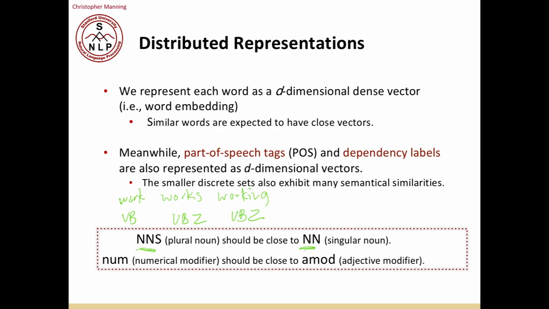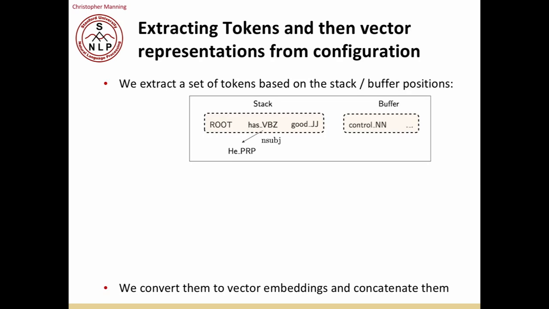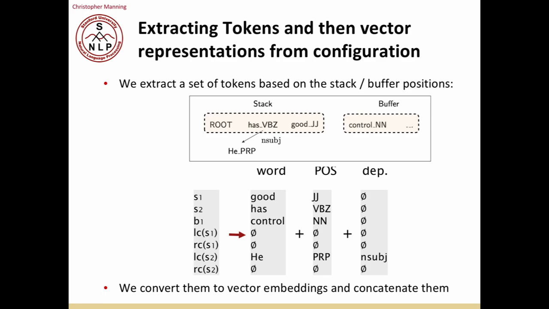Why not? Well, if we're going to do that, why not just keep on going and say the dependency labels also have a distributed representation. And so we built a representation that did that. So the idea is that we have the top positions of the stack and the first positions of the buffer, and for each of those positions we have a word and a part of speech, and if we've already built structure, we know about a dependency that's already been built.